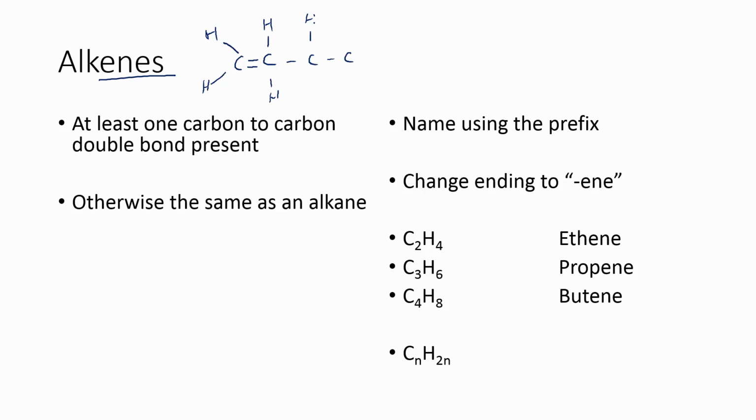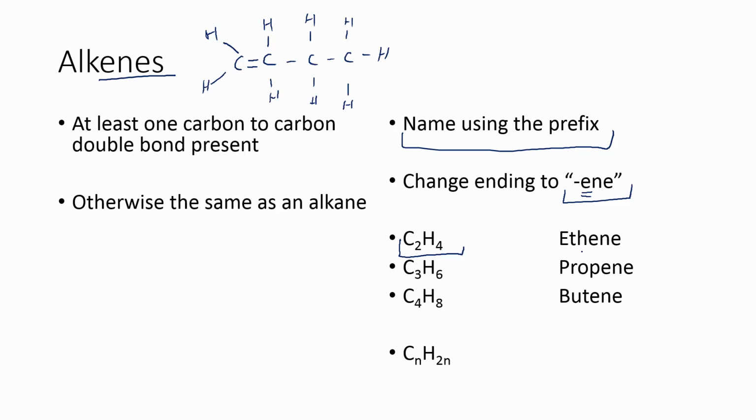Otherwise, this acts just like the other molecule, with carbons all in a chain and hydrogens on the outside, and we name it using the same basic idea, starting with the prefix. But now instead of -ane, we use -ene, to signify that somewhere in here is a double bond. I can't have a double bond from carbon to carbon with just one carbon, so the alkenes don't start until I have at least a second carbon.